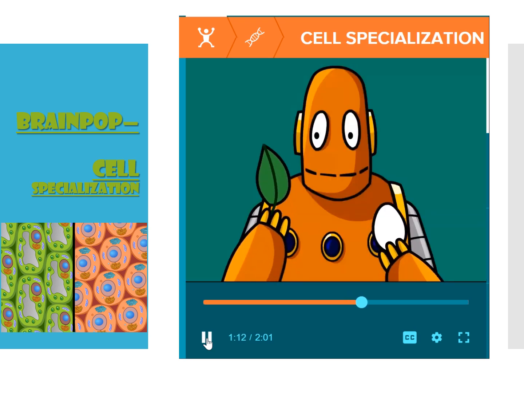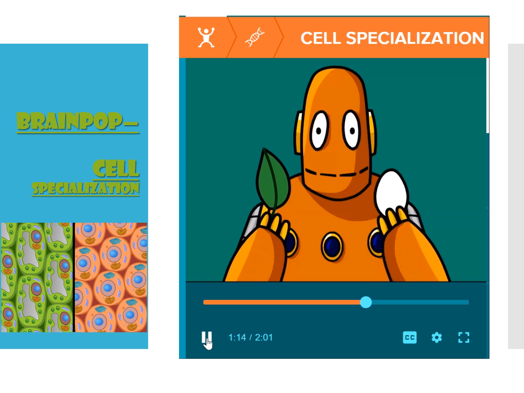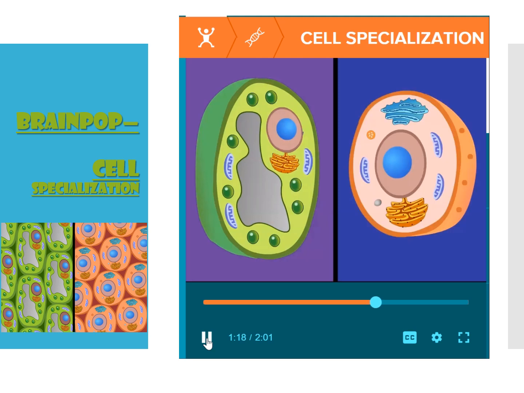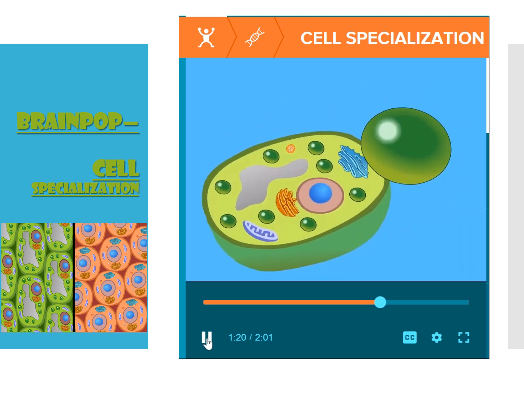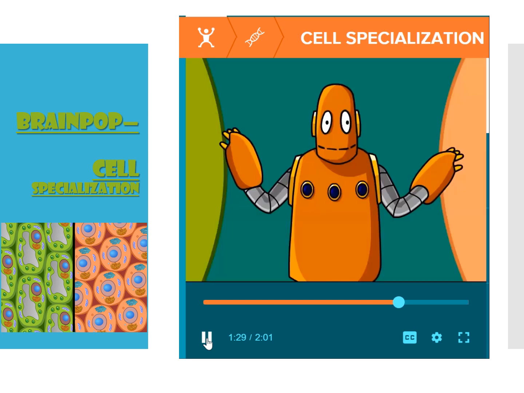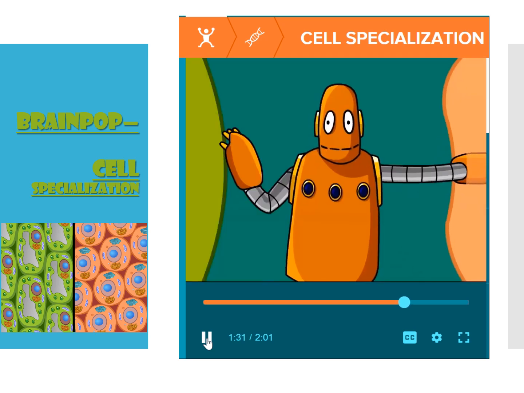Plant and animal cells are pretty similar inside, but there are two major differences. Plant cells can make their own food, and animal cells can't. Plant cells' green color comes from green organelles called chloroplasts. Chloroplasts trap light energy and enable plants to conduct photosynthesis. Animal cells are surrounded with a flexible cell membrane.